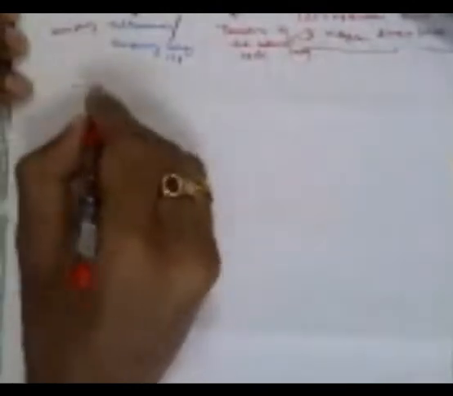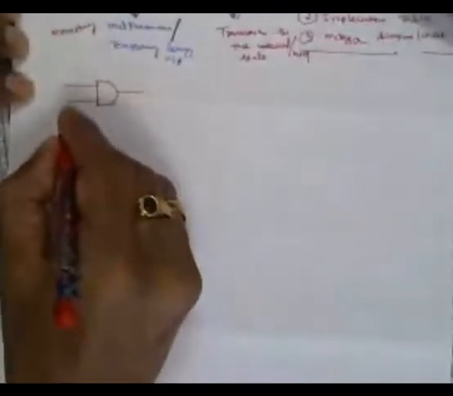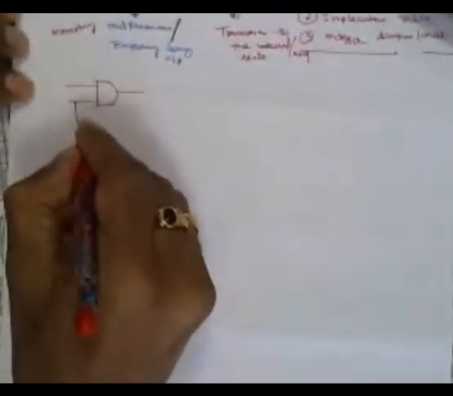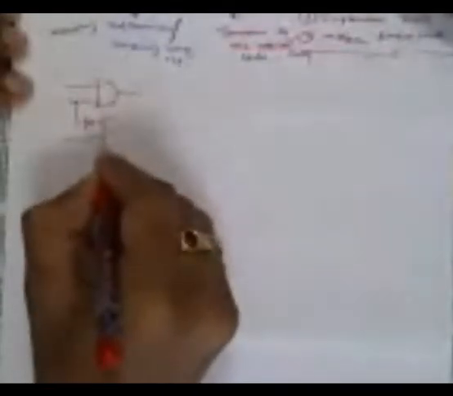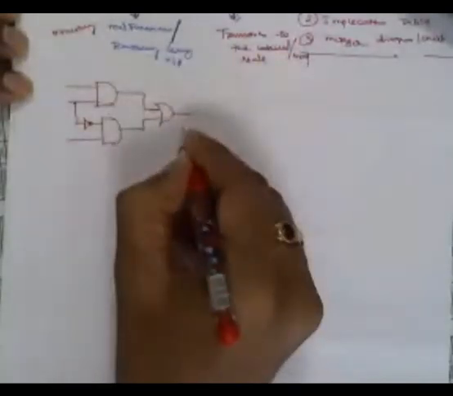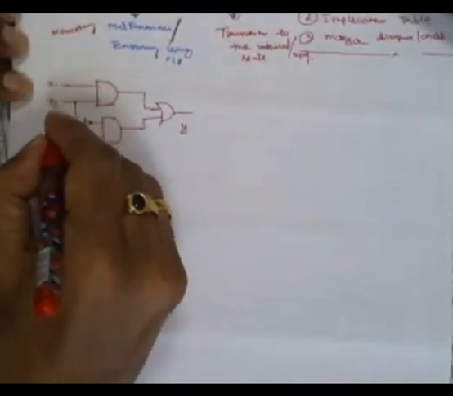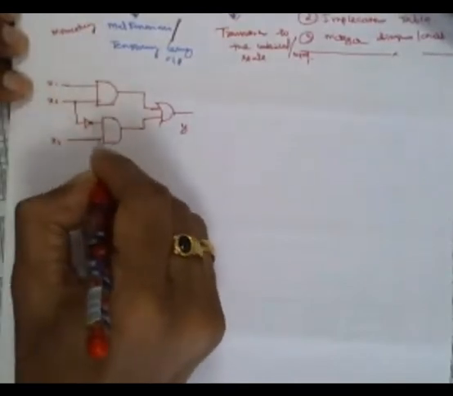So I take one simple application circuit, maybe something like this. This is our output Y. This is X1, this is X2, this is X3.